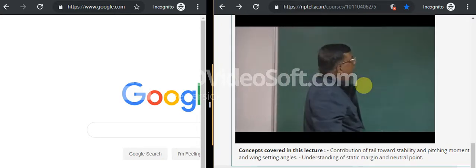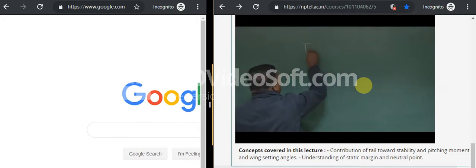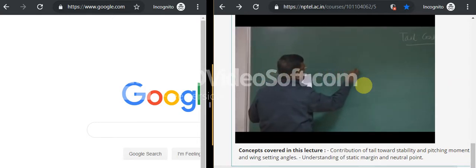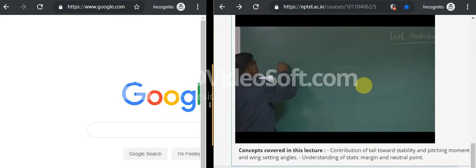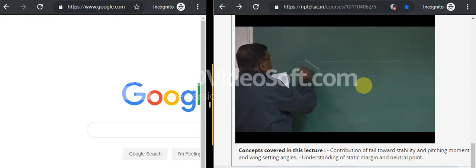Now we'll be talking about tail contribution. If I draw this diagram, the wing was here, and this is alpha FRL.